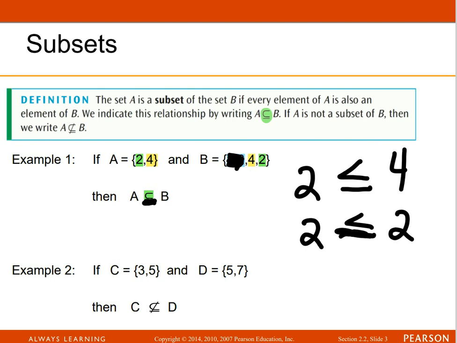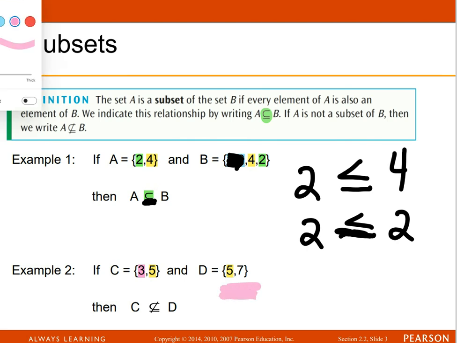And then in example 2, it says C is equal to 3 and 5, but D is equal to 5 and 7. Okay, so C has a 5 and D has a 5. However, C, let me use a different color, C has a 3. I don't see a 3 over here.